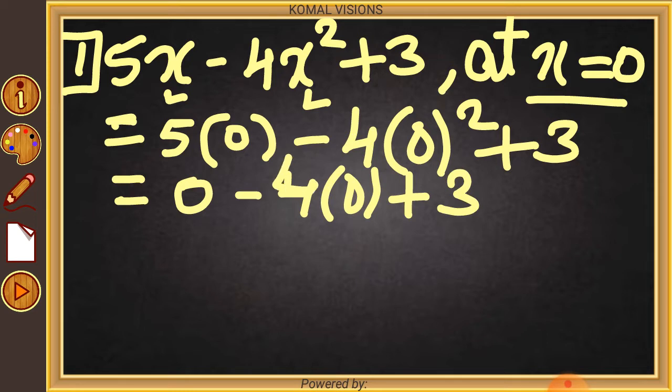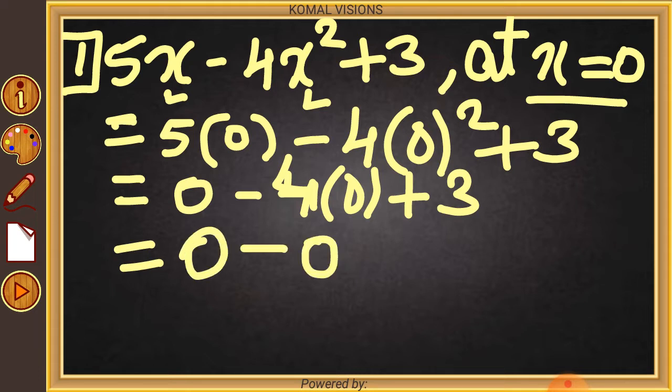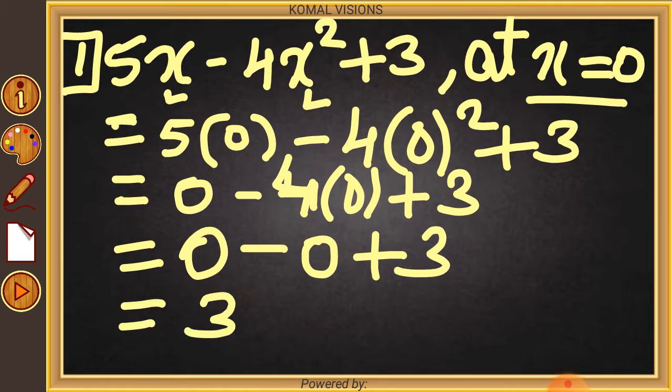Some students write directly 0 here. 0 minus 4 zeros is 0 again plus 3. So you people know 0 plus 3 is 3. So 3 is the value of the polynomial 5x minus 4x square plus 3 at x is equal to 0. Okay, I hope you have understood this problem.